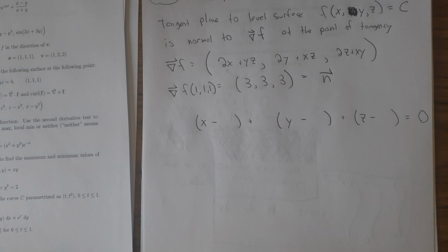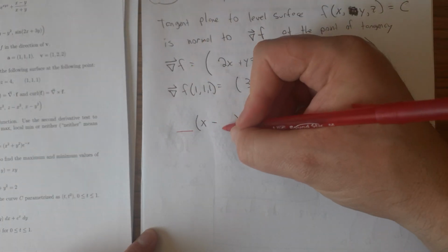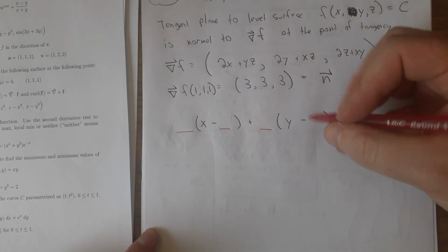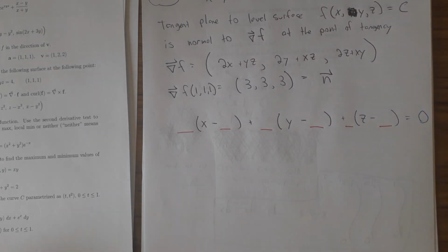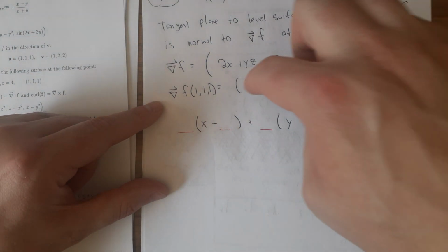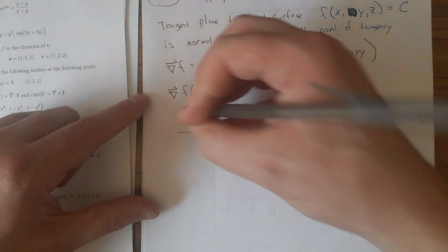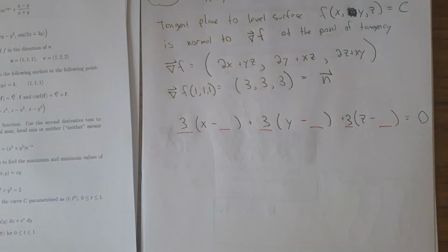This is like the prototype of a plane equation. I'm going to have to fill in all these blanks. These 3 blanks are the normal vector: 3, 3, 3.